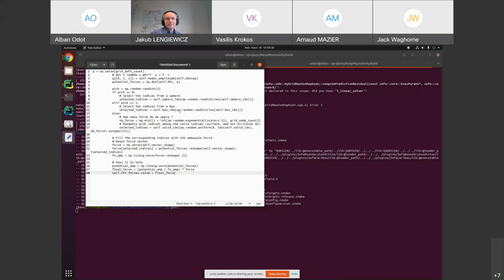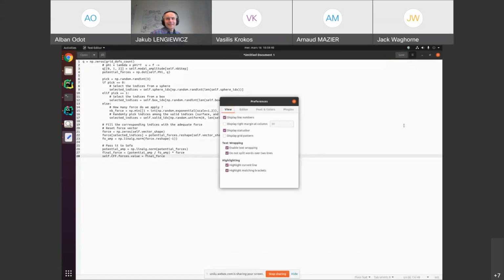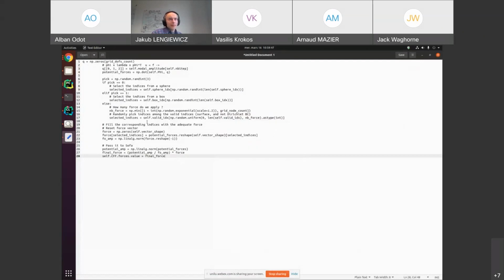It doesn't even work. I don't know if it's zooming or not, but view. Okay. No, but for me, I can still read it a bit small. Yes, it is much more legible now.